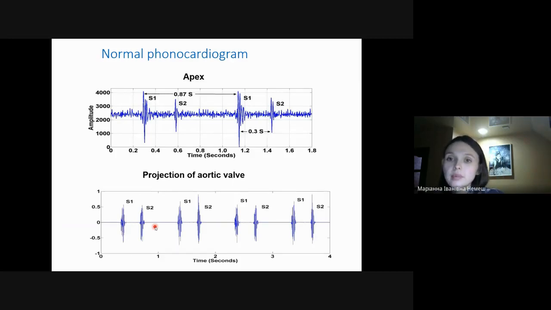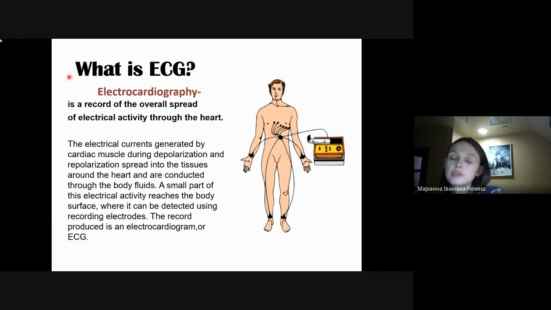Okay, now let us go further to the next part of our lecture, which is related to the ECG. So let us discuss what the ECG is. Electrocardiography is a recording of the overall spread of electrical activity through the heart.